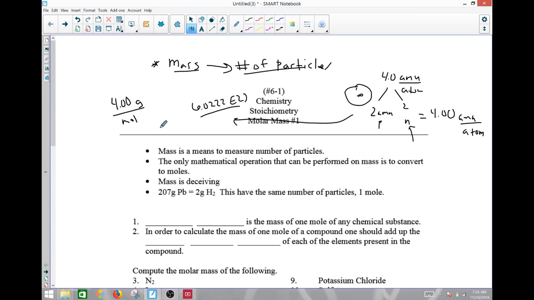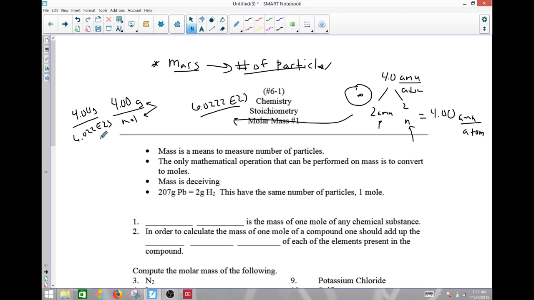So on the periodic table, the average molecular weight is equivalent to the AMUs per atom, but also the mass per number of particles: 4.00 grams per 6.022 e to the 23rd atoms.